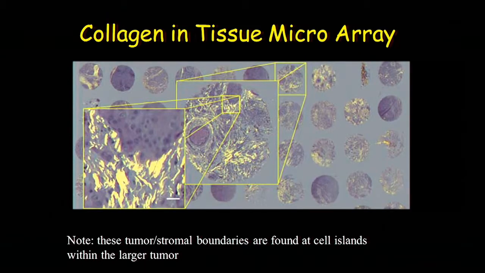So what we did is we took what's called a tissue microarray. These are slides where there's little biopsy punches of 300 patient samples, and this is just showing blowing them up, each one. So purplish is what the pathologist sees, and then in kind of yellow is what we're seeing with our second harmonic imaging overlaid on this. And we were looking for islands of cells and the collagen at those islands.